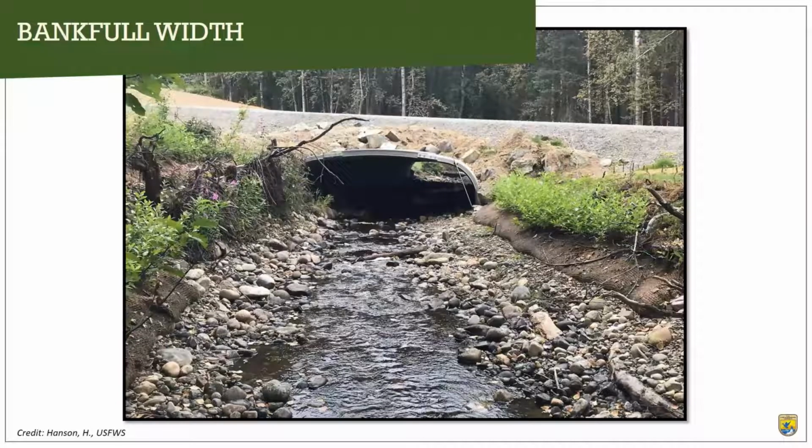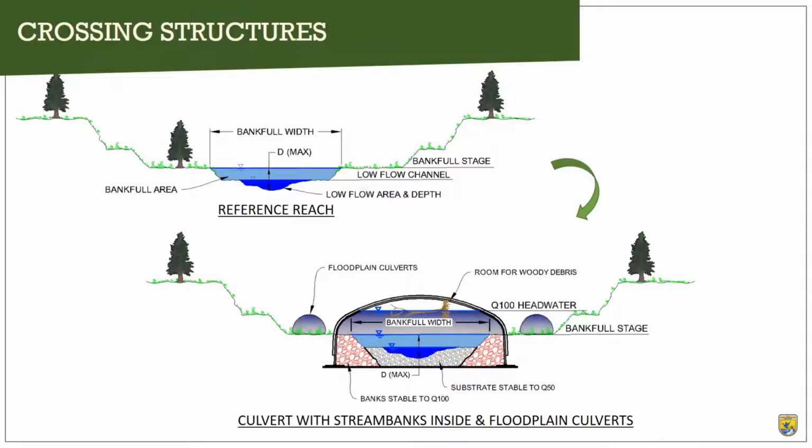And yet we were able to maintain connectivity through this culvert. We also might install a culvert with banks inside and floodplain culverts. And I think this would be the highest level of stream function that we might get with a culvert.